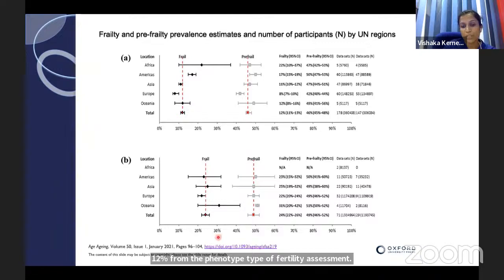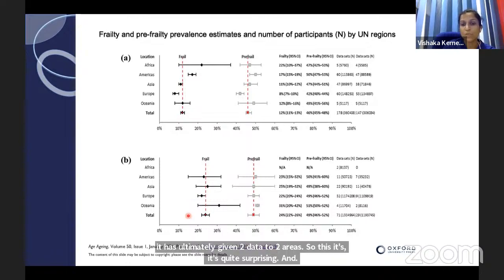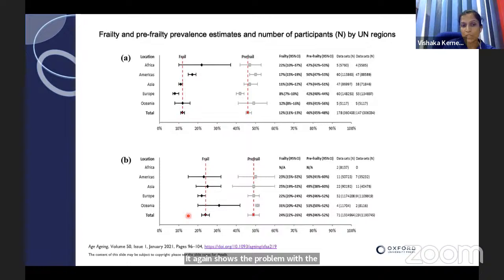And when it comes to the deficit accumulation method, it was about 24%. These are two different types of studies, so whether it is due to the tool or due to the two studies is a question, but it has ultimately given two data for two areas. It's quite surprising, and it again shows the problem with the different tools. It has actually doubled.